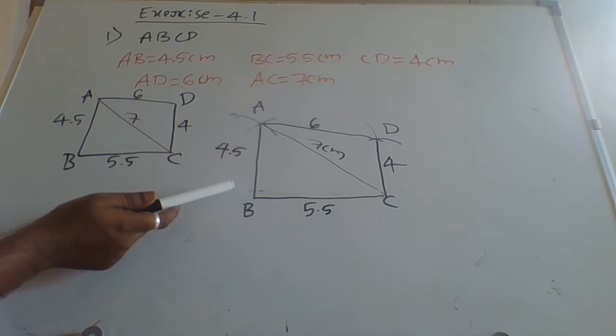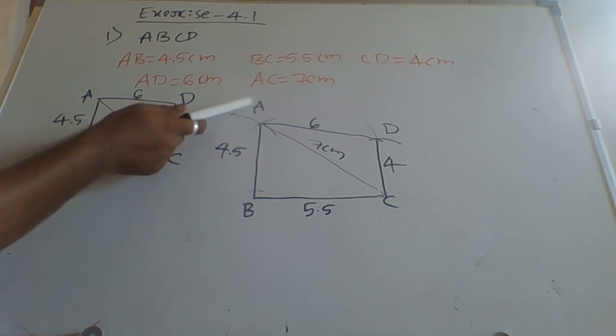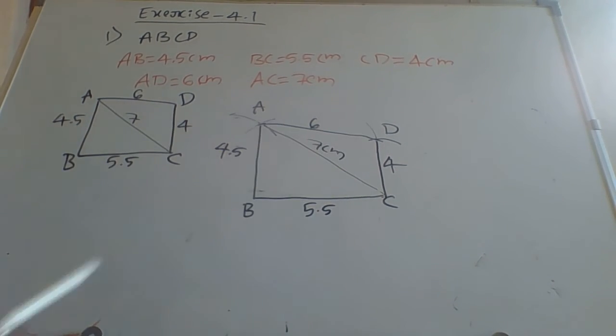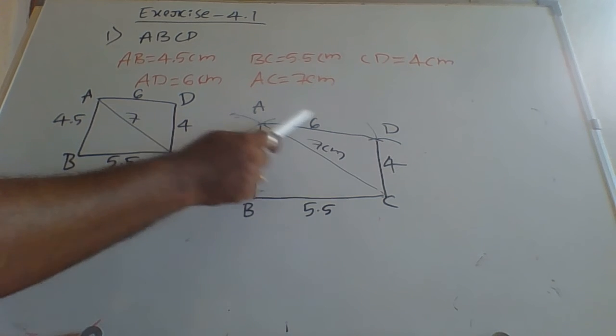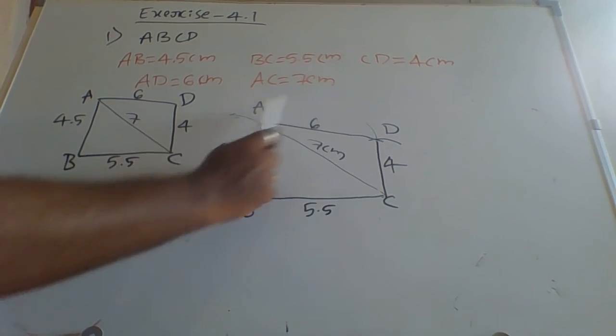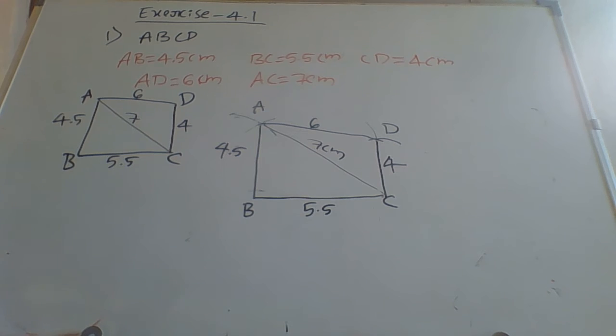Now I can join B with A and C with A. The remaining point D is 4 centimeters from C and 6 centimeters from point A. So draw these two arcs from points C and A to get the point D. Now you can join CD and AD. So this is the quadrilateral ABCD. So now we'll discuss the second problem.